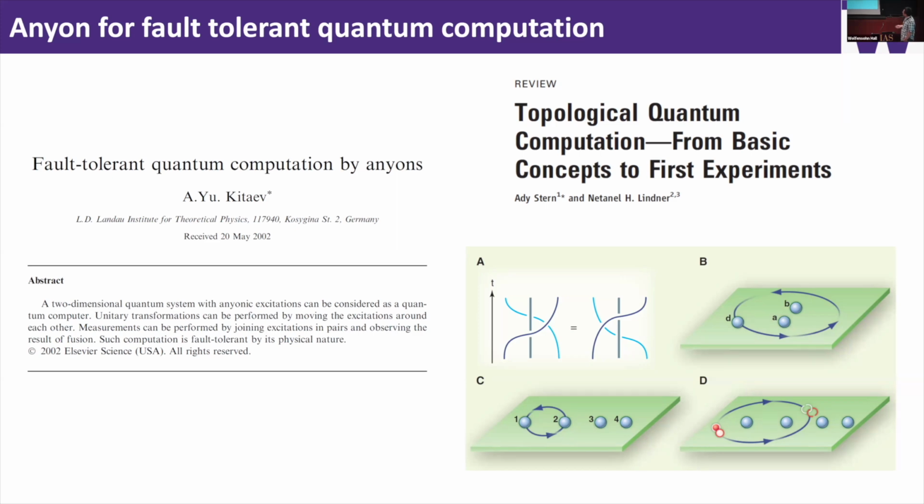So the key concept of why you can do this, here I highlight a review paper, Topological quantum computations from basic concepts to first experiments. All these diagrams show that an anyon is described by a reduced Hilbert space. What it means is that to describe these quasi-particles, the degrees of freedom are actually reduced to only positions.